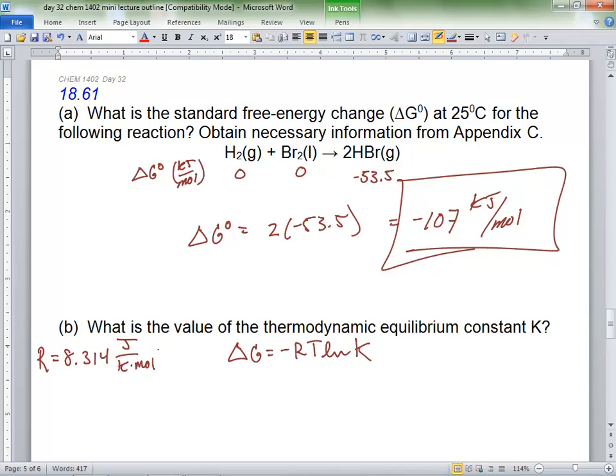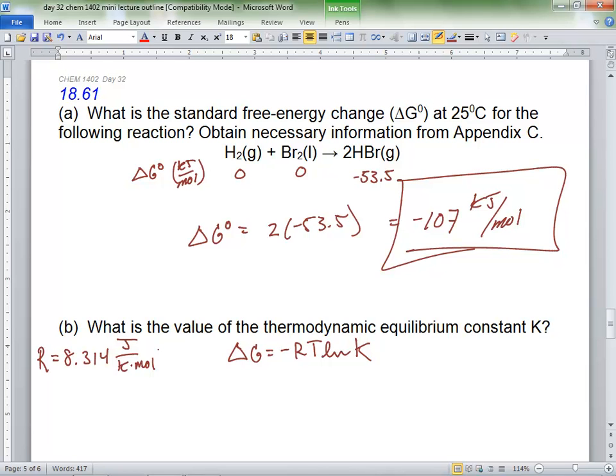Anyone not sure what to do? Let's see. You want to make everything into joules, right? So in a kilojoule, there's 1,000 joules. So the kilojoules cancel. So you have to multiply by 1,000, not divide by 1,000. If you want to go kilojoules to joules, you need to multiply by 1,000.